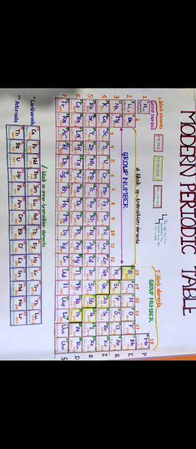Here we can also predict the nature of oxides formed by the elements because oxides of metals are basic and those of non-metals are acidic in general. Hence across the period acidic properties increase and basic properties decrease, and vice versa down the groups.